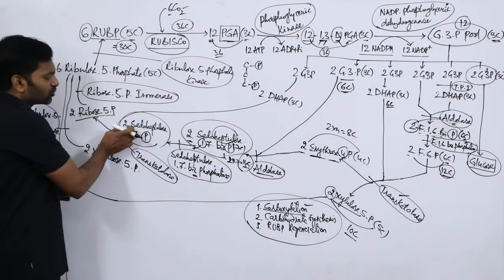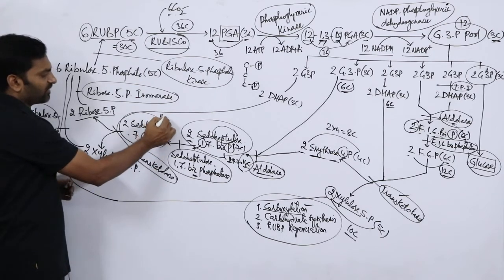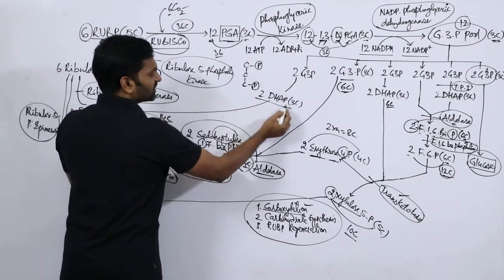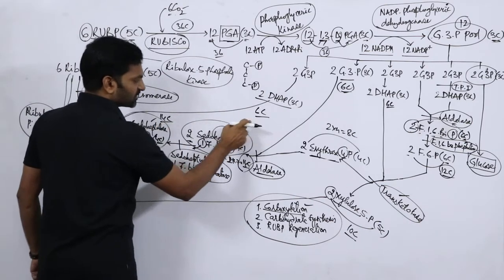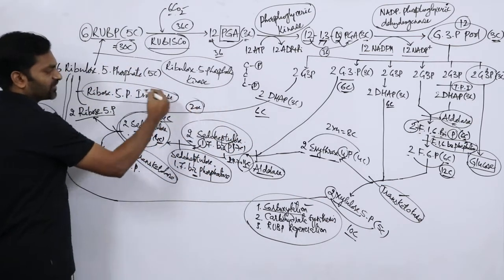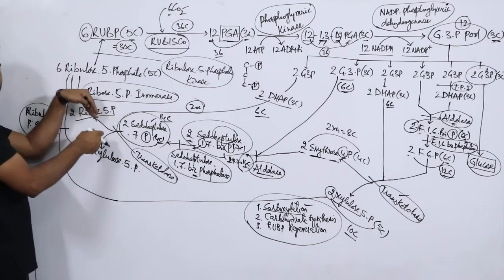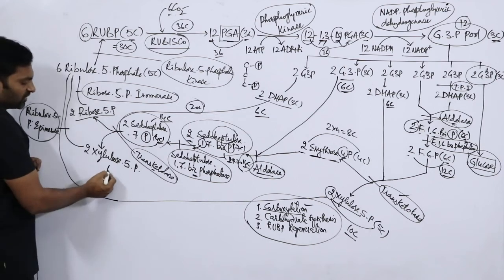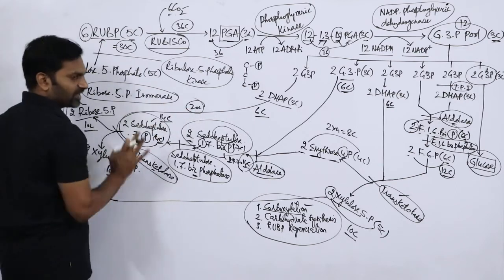Now, these 2 molecules of pseudoheptulose 7-phosphate contain a total of 14 carbons. It combines with another DHAP, contains 6 carbons. So 14 plus 6 is equal to 20 carbons. Now, after combining these 2 compounds, it will be broken down in the presence of transketolase. Now, this is a 10 carbon compound, this is also 10 carbon, 10 plus 10, 20, tallied.